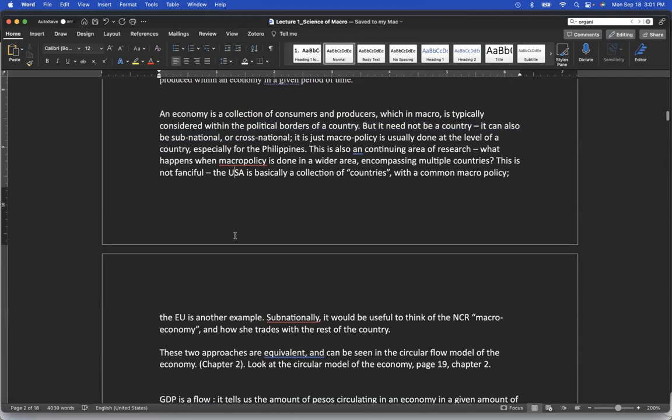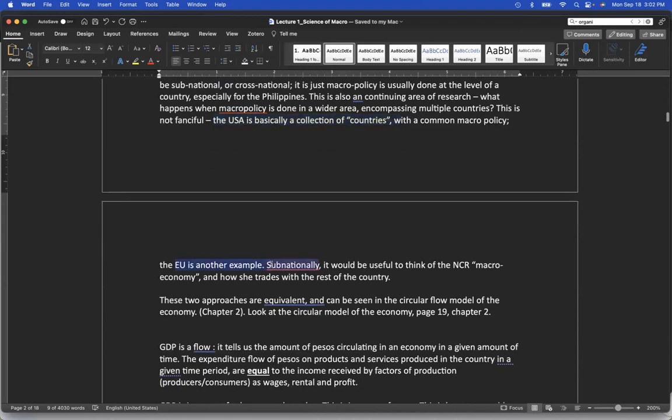So just to focus on some counter examples. So in the United States, basically, there's a collection of countries called quote unquote states. They have a common macro policy. Okay. It can be like that. The states can come together and say, we will be governed politically by this federal system, and our macro policy will be at the federal level.